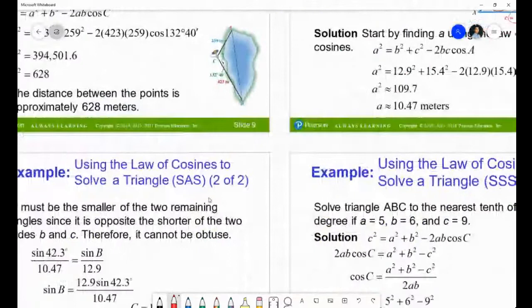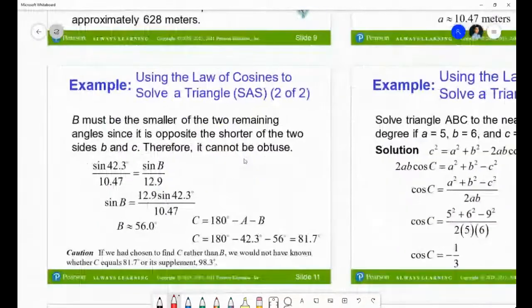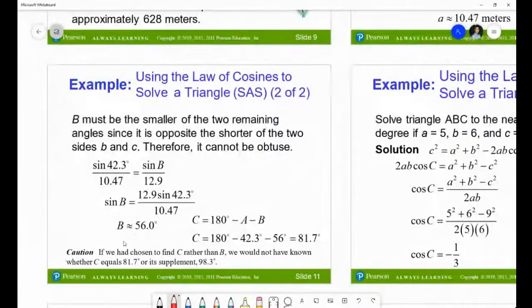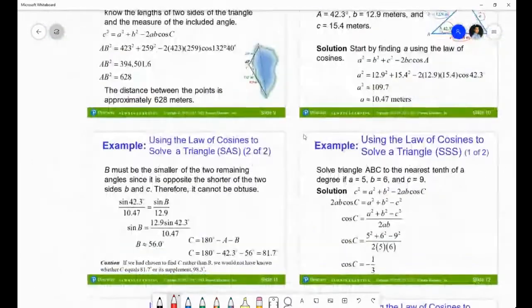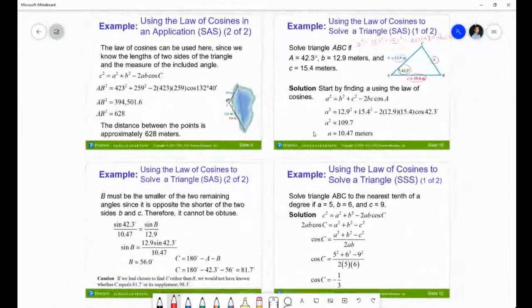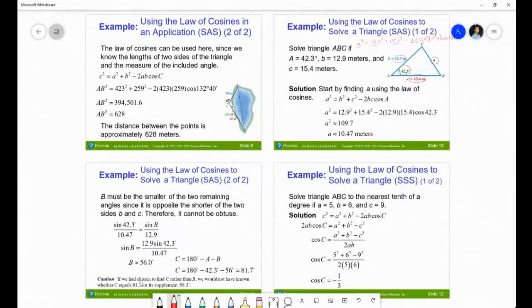So this is pretty straightforward, right? Okay, so let's look at the caution here. So let's look at what we had. If we had chosen to find C rather than finding B, we would have not known whether C equals 81.7 or its supplement. So the problem, whenever we're doing the law of cosines, is here.